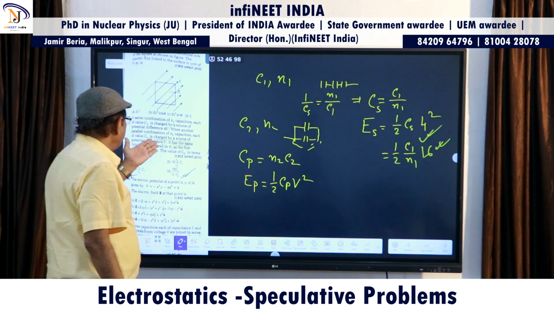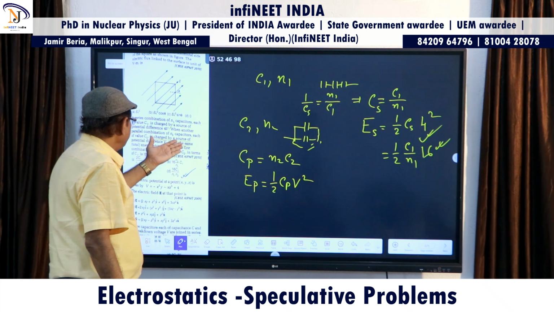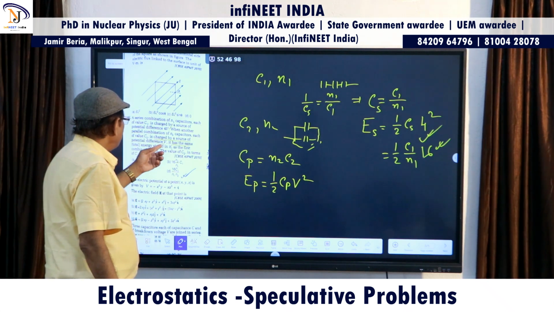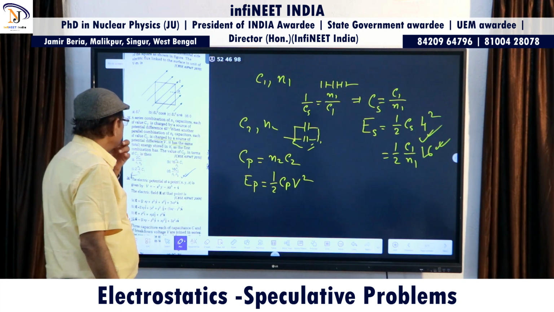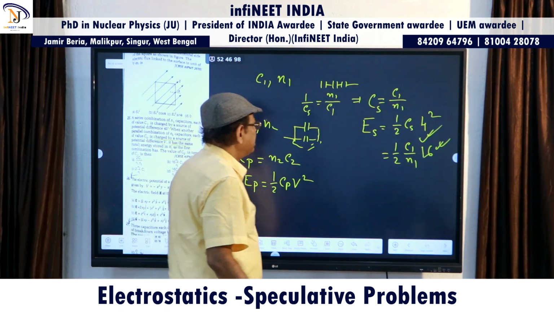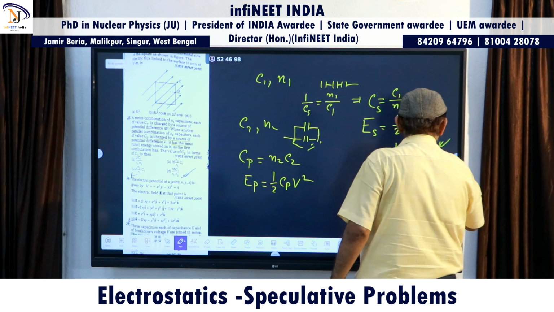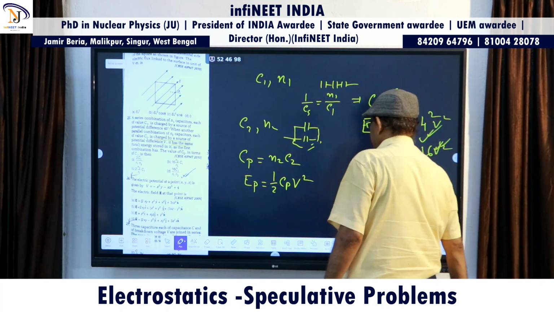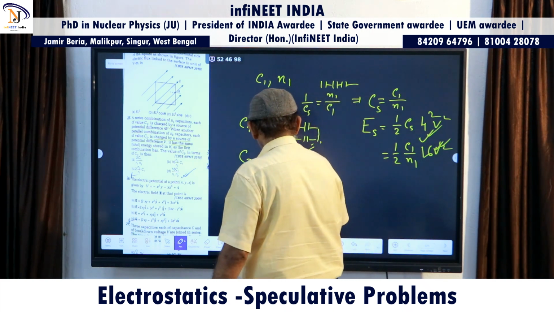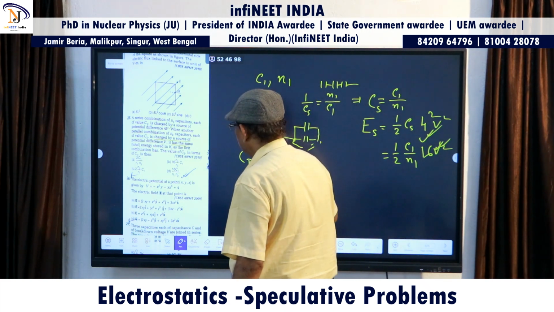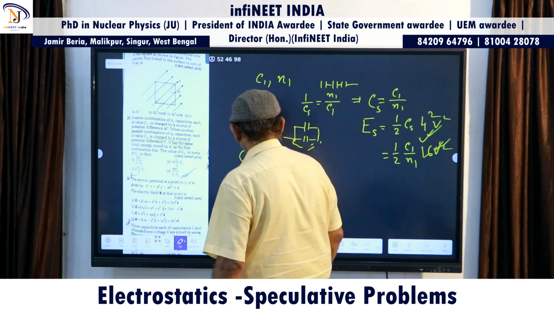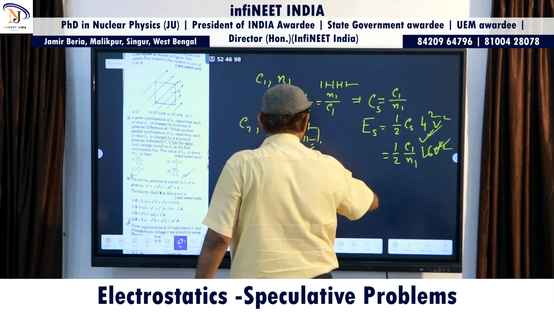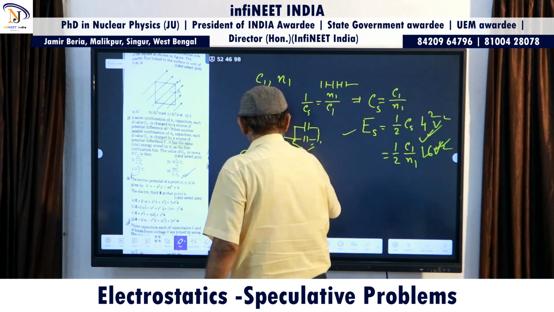The source is charged by a potential difference V. Here it is 4V, and 4V means 16V square. And here it is only V. And these two energies are identical.